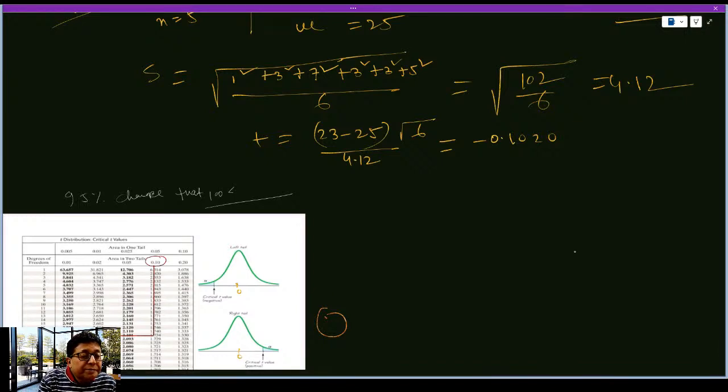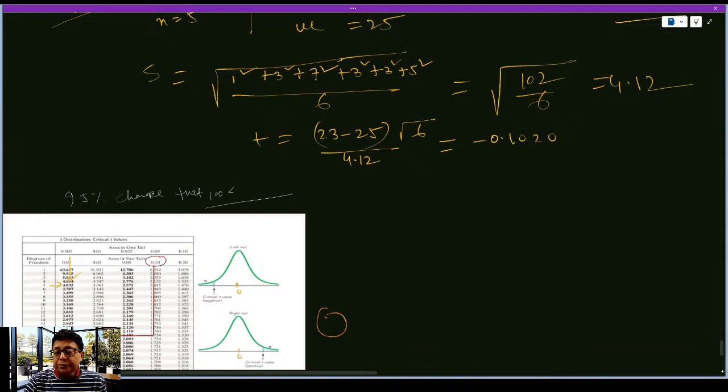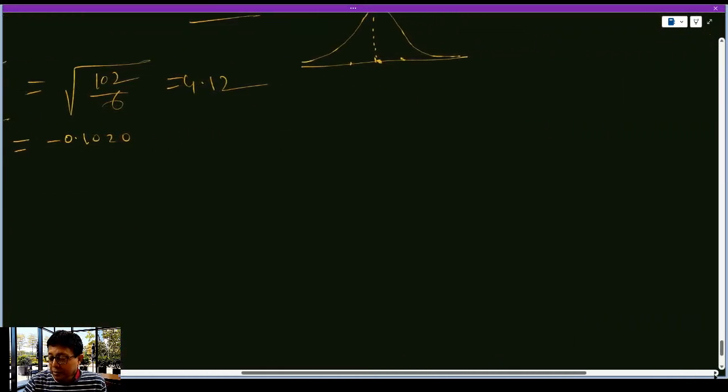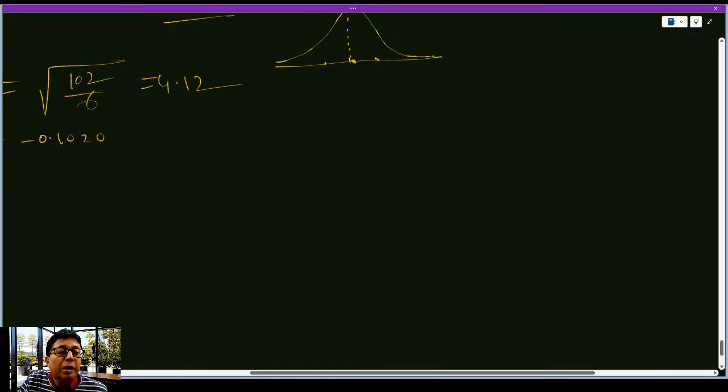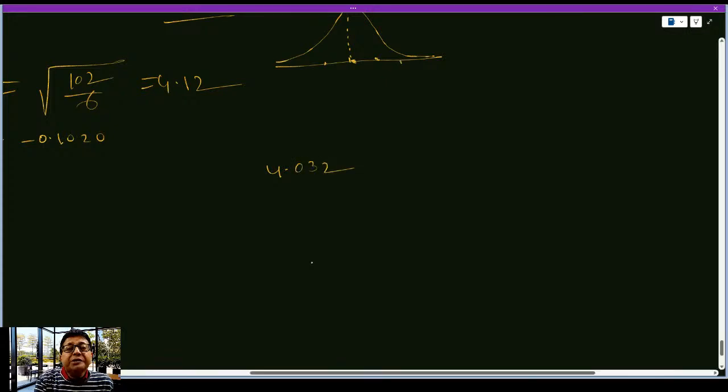See this one, 4.032. 4.032 means here and here. We need to test here. Hope you remember the concept.